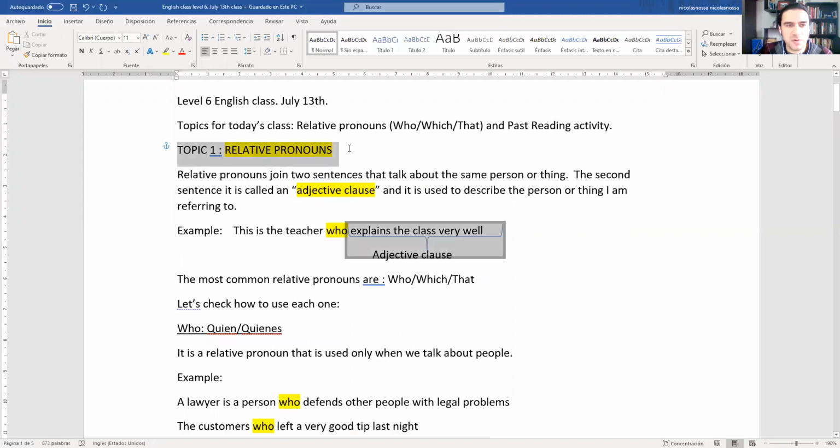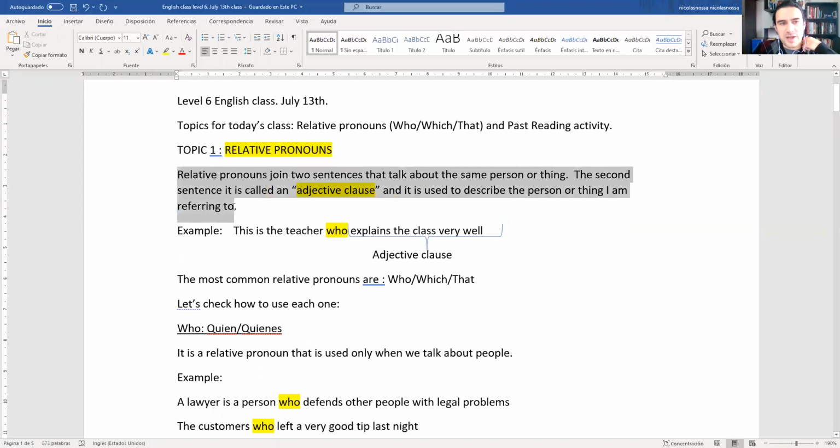We are going to start with topic one, relative pronouns. Here is the definition, okay? Relative pronouns join two sentences that talk about the same person or thing. The second sentence is called an adjective clause and is used to describe the person or thing I am referring to.